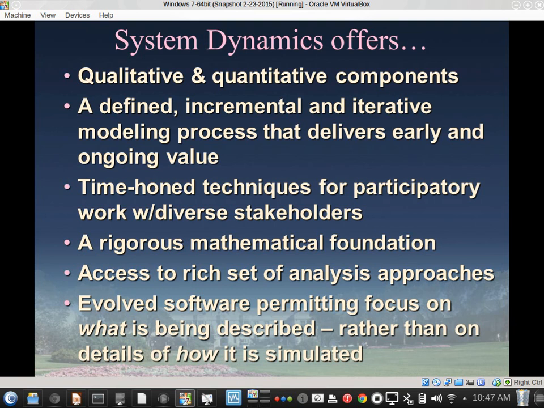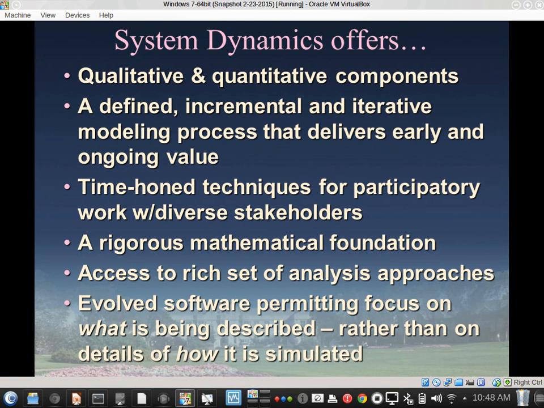And related to this, it involves time-honed techniques for working in a participatory way with stakeholders that I thought might be of particular interest. And I'll be talking about that some this afternoon. It has a very rigorous mathematical foundation that's amenable to very rigorous analysis that can give a lot of insight and allow for tools that are very powerful.